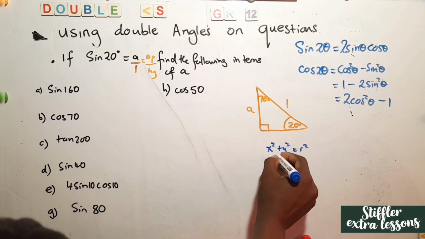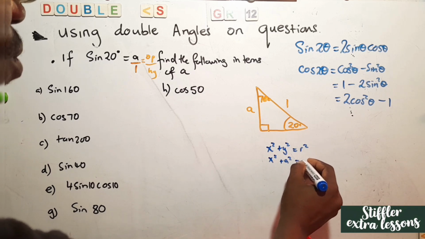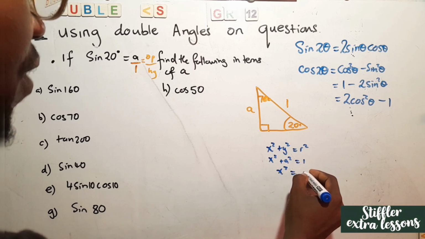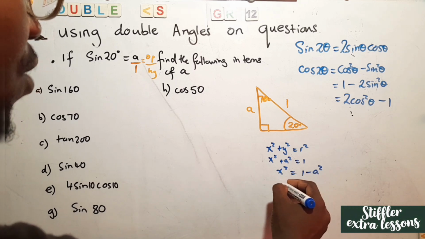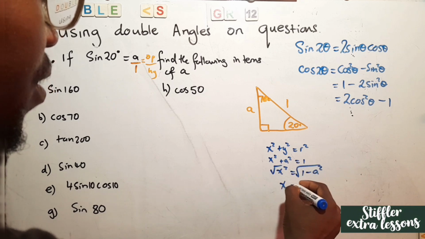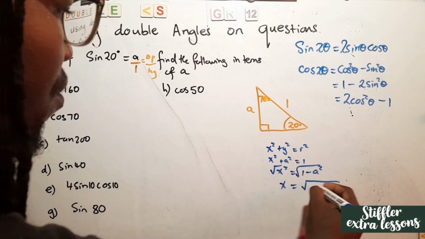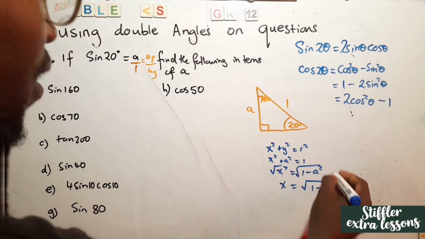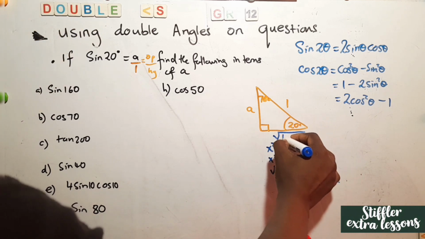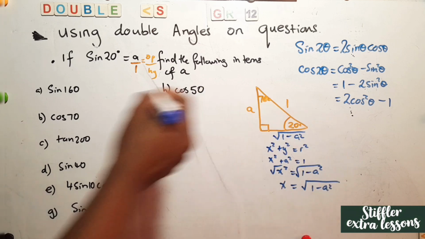So x squared plus a squared will be equal to 1. So x squared will be equivalent to 1 minus a squared, which means x will be equivalent to the root of 1 minus a squared. So here it will be the root of 1 minus a squared, like that.